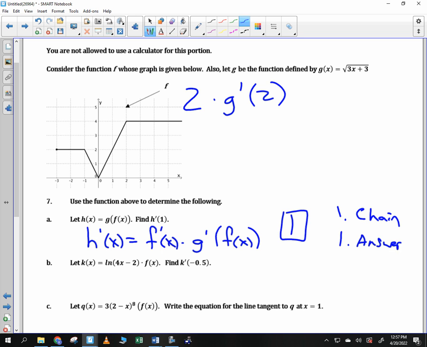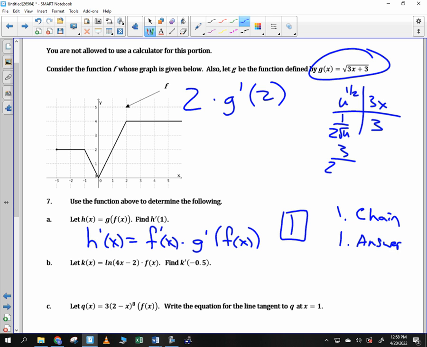I know what g is. It's this thing right here, right? So I have to figure out that derivative. Well, I've got u to the 1/2, and I've got 3x, so I get 3 and 1 over 2 roots of u. Okay, so I get 3 over 2 roots of 3x. Is that right?